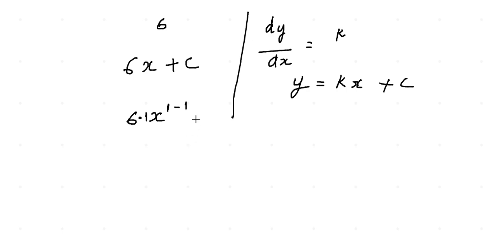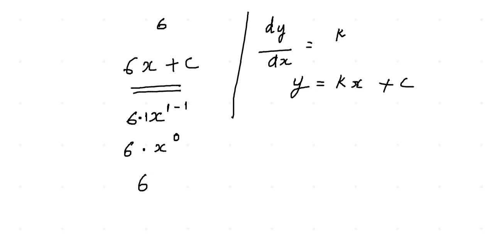Correct? And then the constant c, when you differentiate that, is going to be 0. So now this is actually 6 into x to the power of 0, and that becomes 6. So c could be 0, but I'm saying you still have to have c. So that's the right answer. Got it?